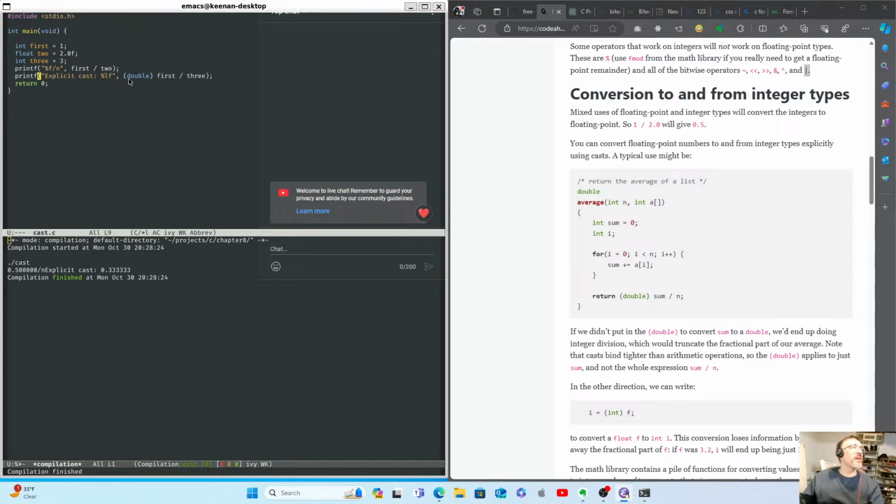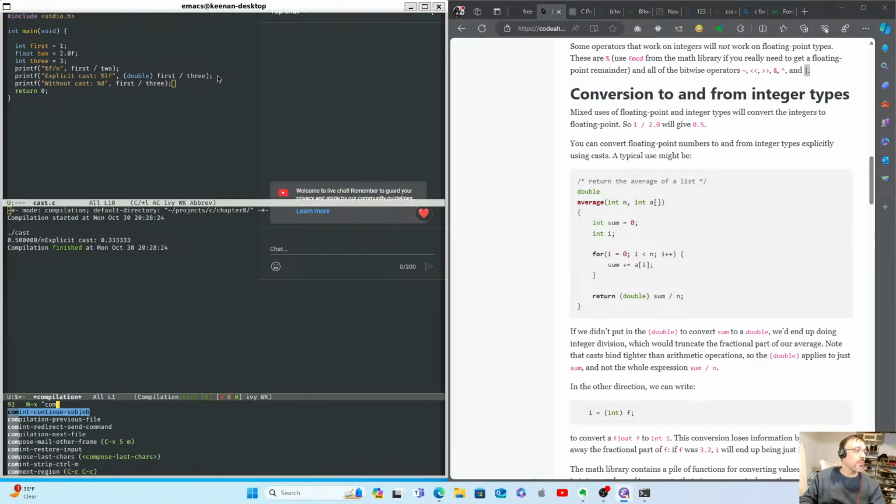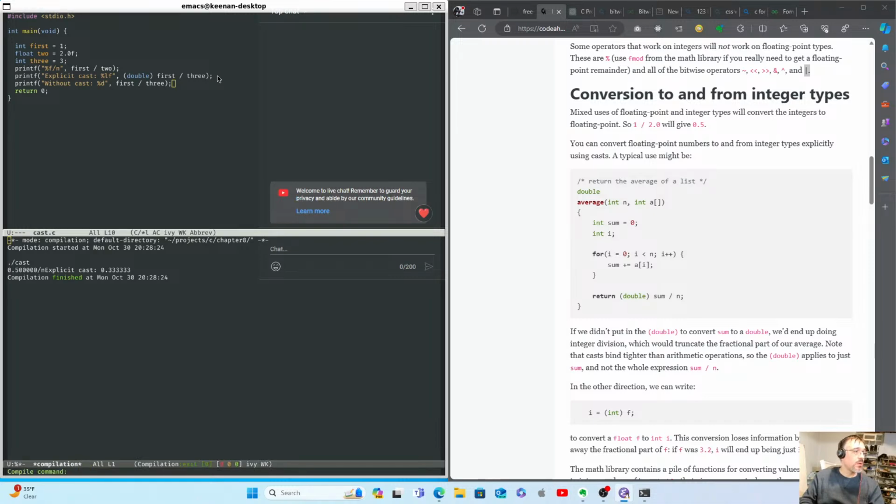So it did. If I hadn't done the cast, printf without cast, it would be %d, and then it would just be first divided by 3. File. Okay, compile.